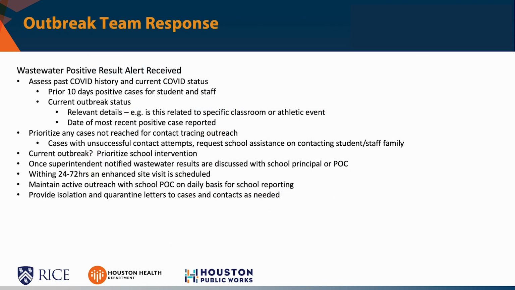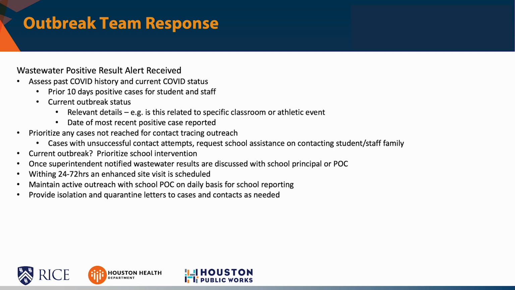Once a positive is detected, the COVID-19 history of the school must be determined. Recent cases are tracked and the status of the current outbreak determined. Upon identifying cases, we then begin contact tracing with the assistance of the school if the contacts cannot be reached.